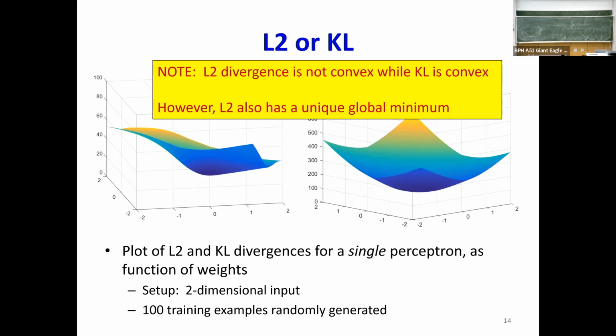I might be asking this question too early, but why do they have such a different behavior when we look at how they're influenced by function parameters instead of the output? That's the nature of the function. The sigmoid has a logistic, it has a log function in it.